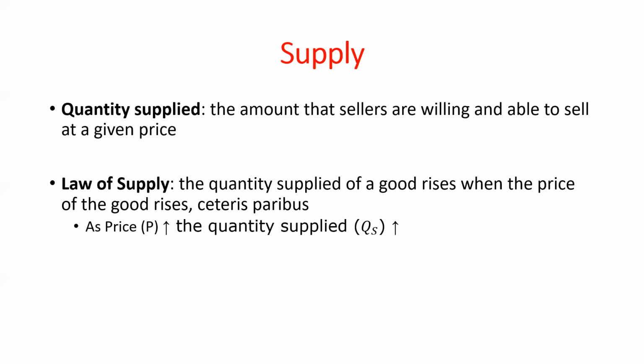What the law of supply says is that as the price of a good goes up, sellers are willing to supply more of the good. If I'm selling something and I can only get $5 for it, maybe I don't sell as much as if I can get $100 for it. So in this relationship between price and quantity supplied, we're going to have a lot more people willing to supply things to the market when the price of that good gets really, really high.